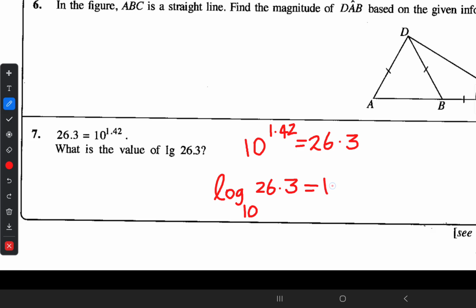That is the conversion from index notation to logarithmic notation. One more thing: instead of log base 10, we can denote this as lg. lg 26.3 would be equal to 1.42. That's all about this question.